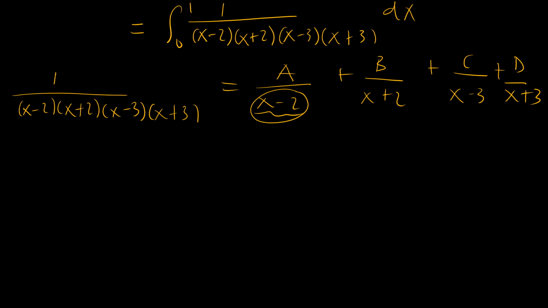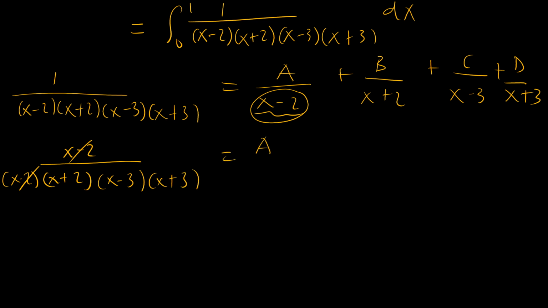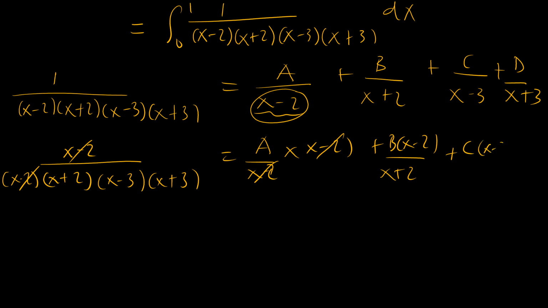This is the same as 1 over x plus 2, x minus 3, x plus 3 equals a plus b times x minus 2 over x plus 2 plus c times x minus 2 over x minus 3 plus d times x minus 2 over x plus 3.